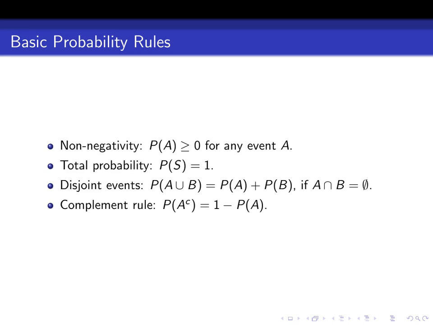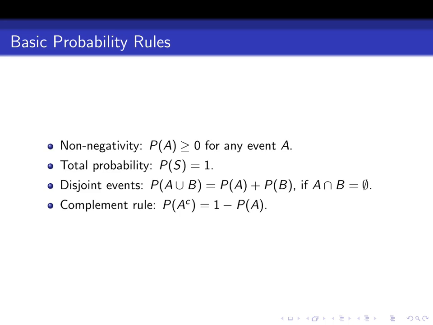Now, let's discuss the fundamental rules of probability. These include non-negativity, meaning probabilities can never be negative, and the total probability rule, which states that the probability of the entire sample space is 1.